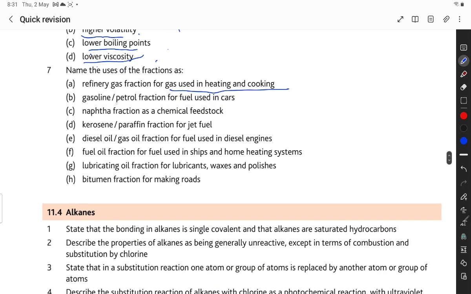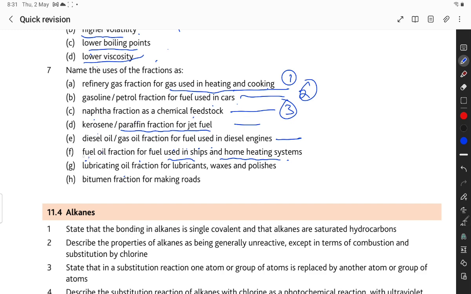Name the uses of fractions obtained from fractional distillation. At the top, number 1, refinery gases, for gas used in heating and cooking. Second is the gasoline petrol fraction, for fuel used in cars. Naphtha fraction as a chemical feedstock. This is third. And the kerosene paraffin fraction for jet fuel. The diesel oil gas oil fraction for fuel used in diesel engines.